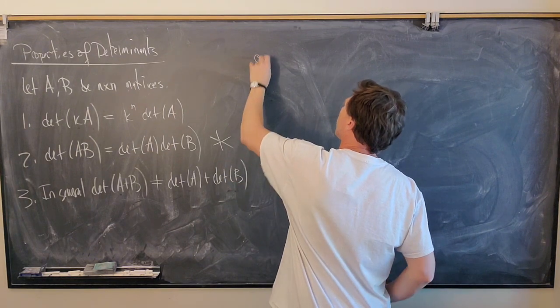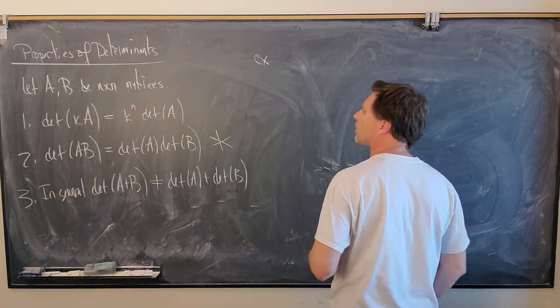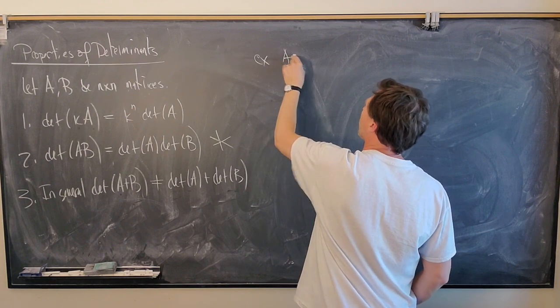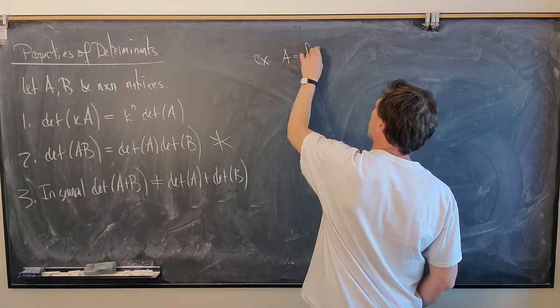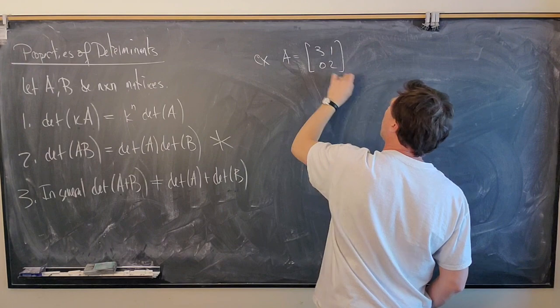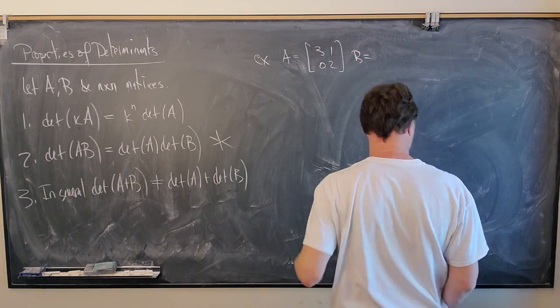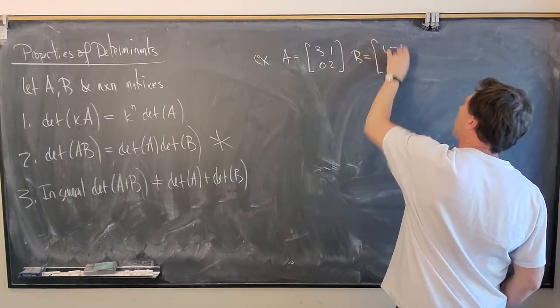Let's just see property 2 in action. As an example, I'll just do 2 by 2 matrices here. Let A be the matrix 3, 1, 0, 2, and B is the matrix 1, minus 1, 1, 0.